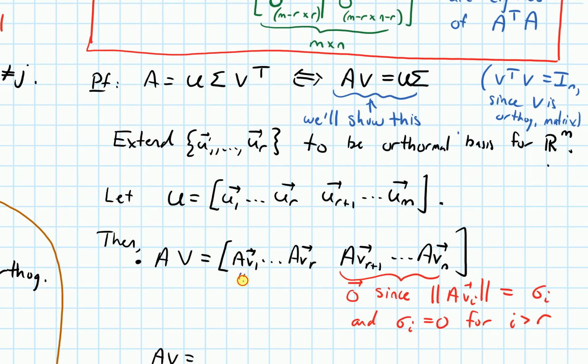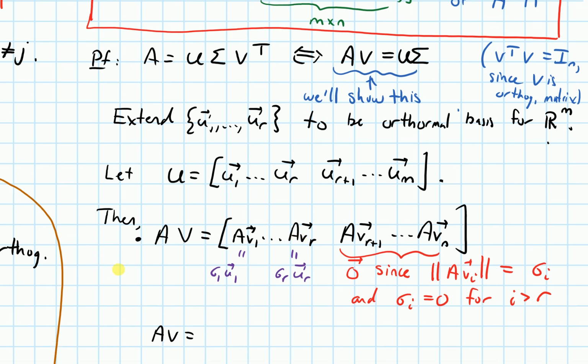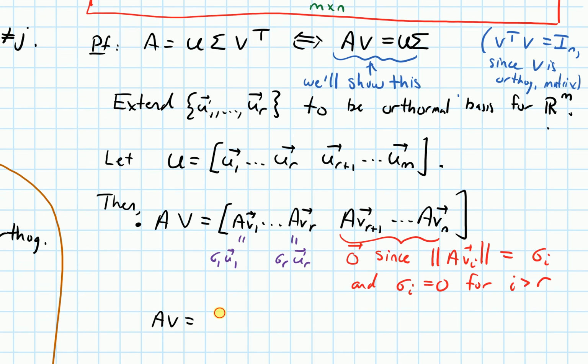So A times v1 is sigma 1 u1, up until AVR, which is sigma R UR. So that's true up until VR. All right, so now writing down my matrix AV, we have sigma 1 U1, up until sigma R UR, and then a bunch of zeros after that. All right, so that's A times V.